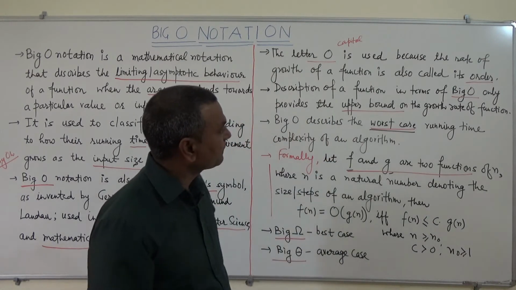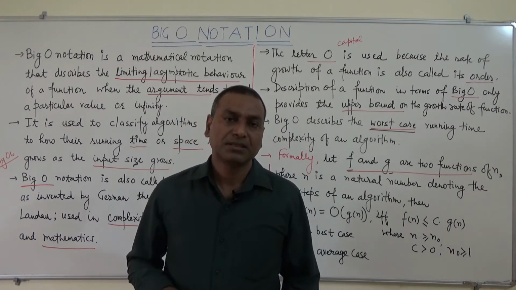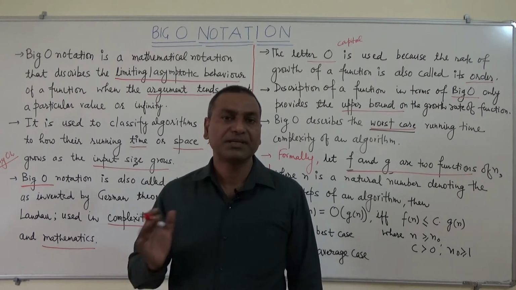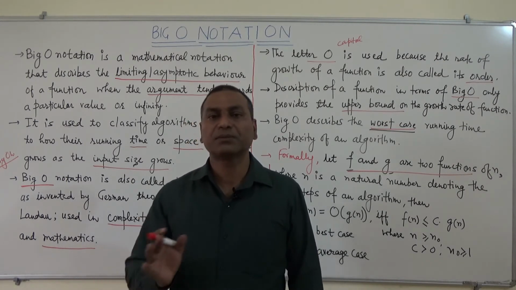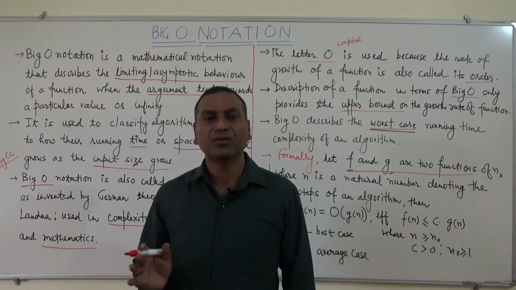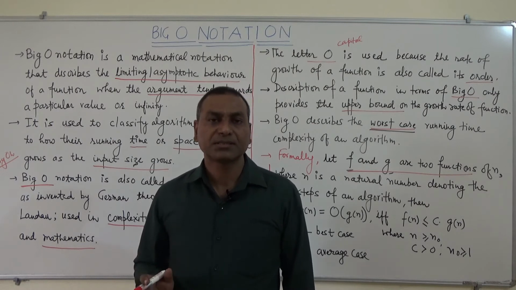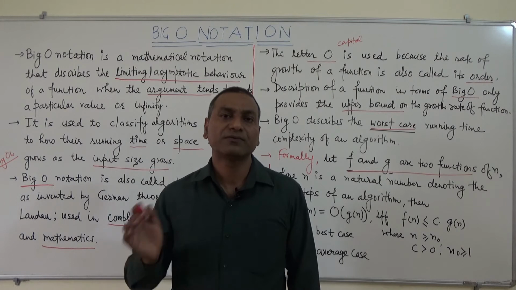Now we will see some list of classes of functions that we normally come across whenever we deal with programs or whenever we study some algorithm. On the basis of those classes, those big O notations, we find out the running time complexity of any algorithm.